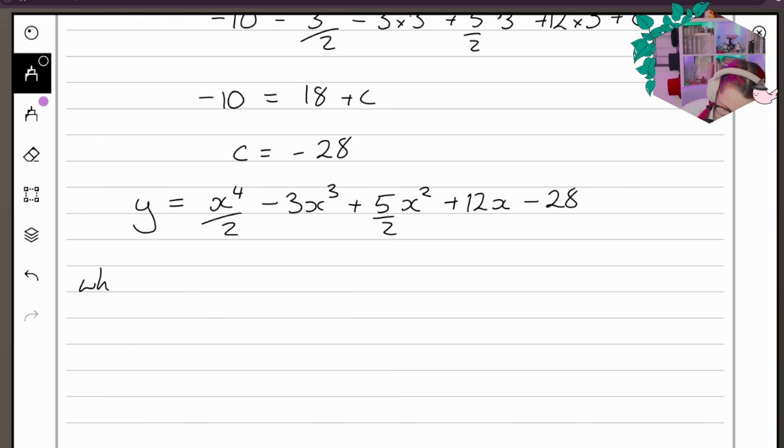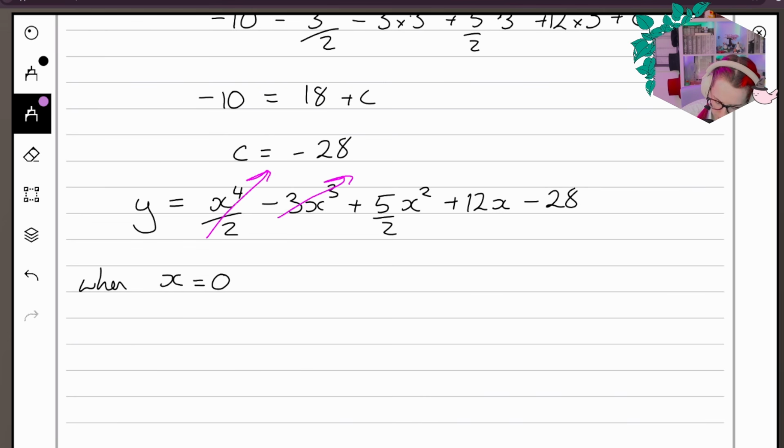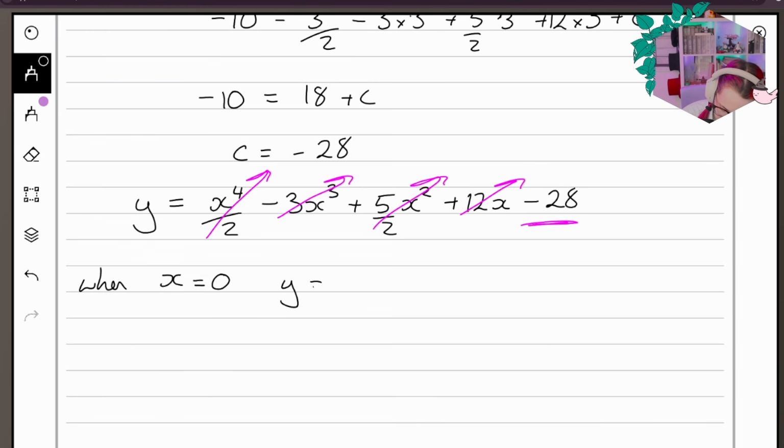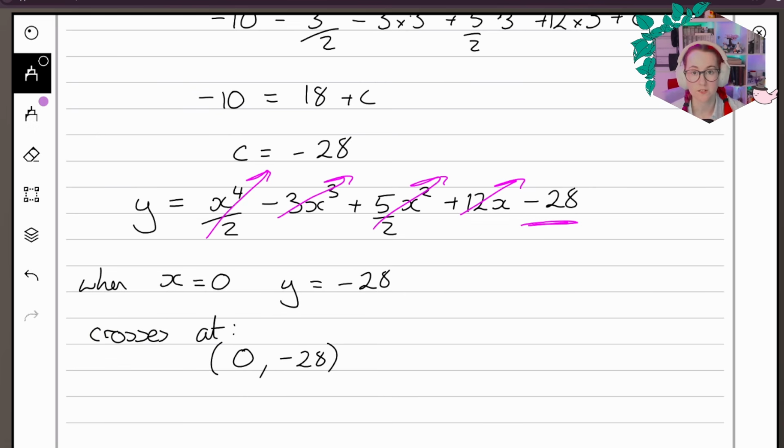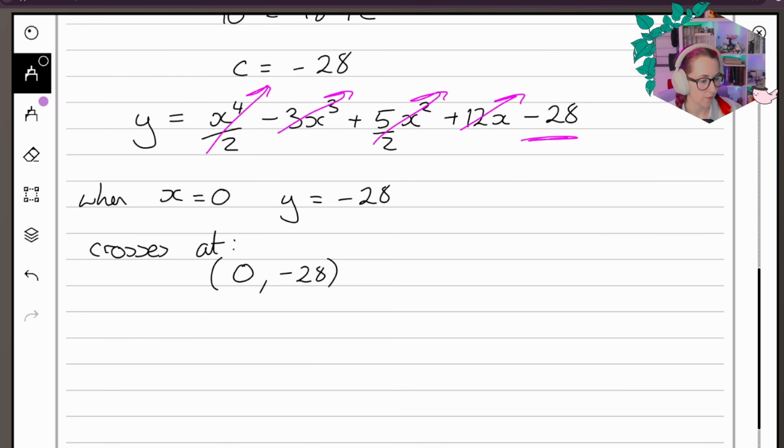So when x is equal to 0, if we get rid of all of the terms that have x in them, because they all go to 0, all we're left with is the 28. So that's our remainder. So y is equal to minus 28. So it crosses the y-axis at (0, -28). And I think that was the end of that question.